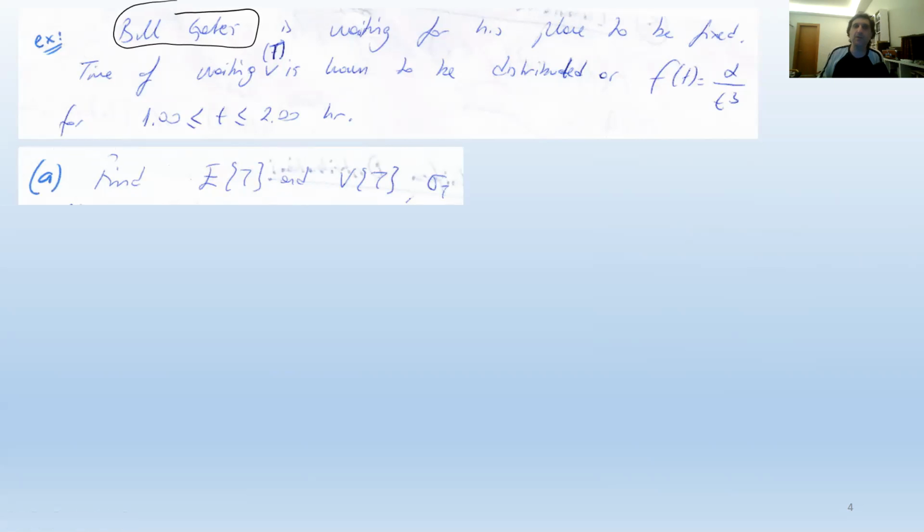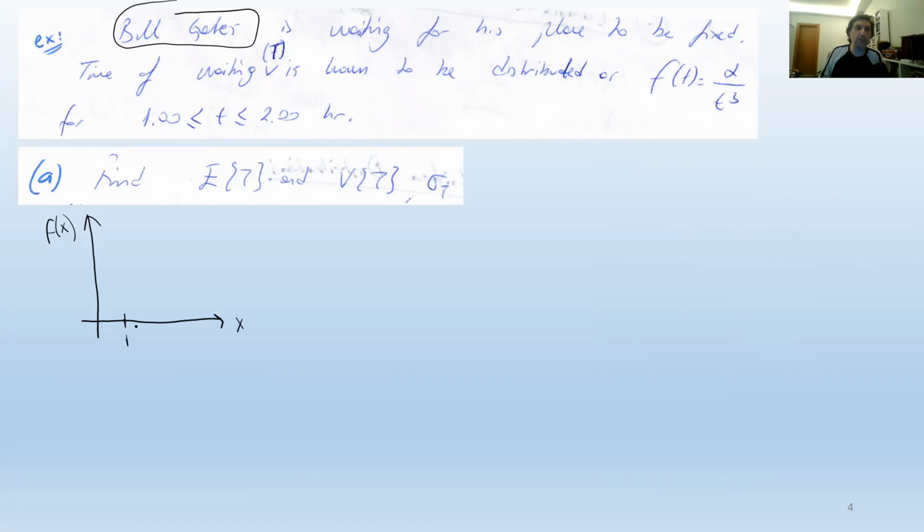That would correspond to the expected time, and also the variance of this waiting time and the standard deviation of the waiting time. Let's see. Usually, as I said, the best way to approach these discrete and continuous distribution problems is to try to plot the probability density function if you can, at least for the time being.